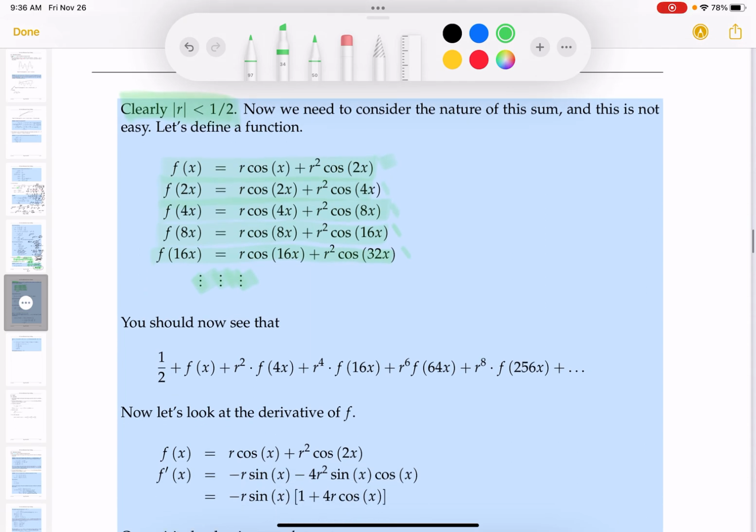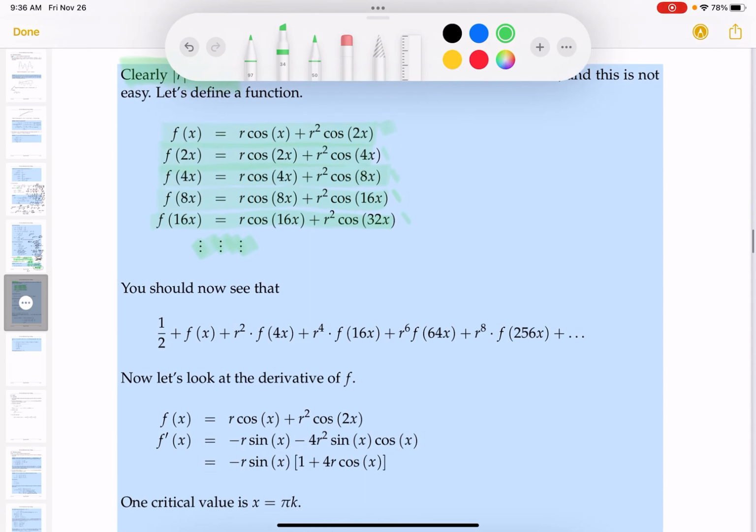So what I wrote down next is this pattern, using the f instead of those things with the r's and the cosine in it. So the hope is you can jump from seeing a simple pattern to this pattern.